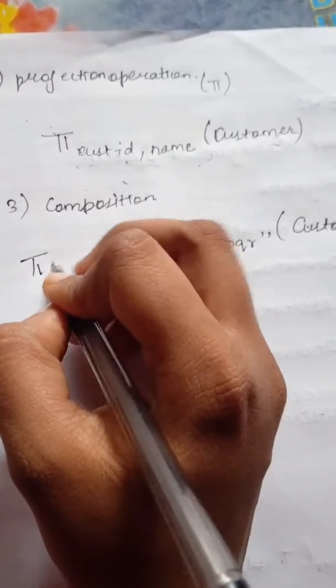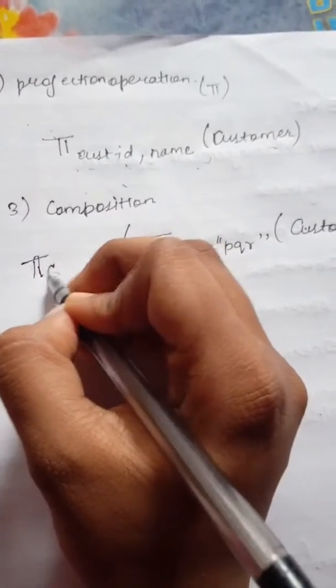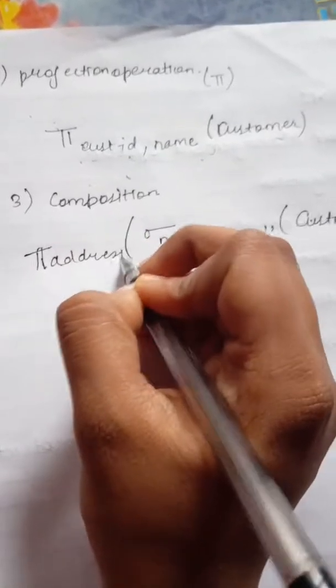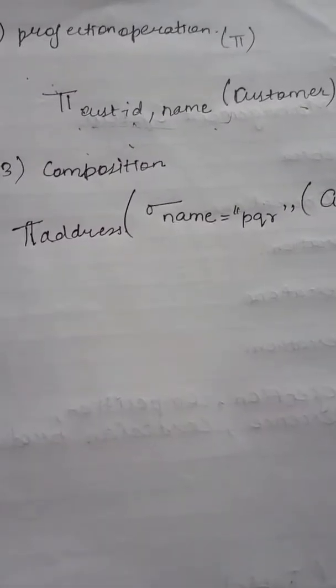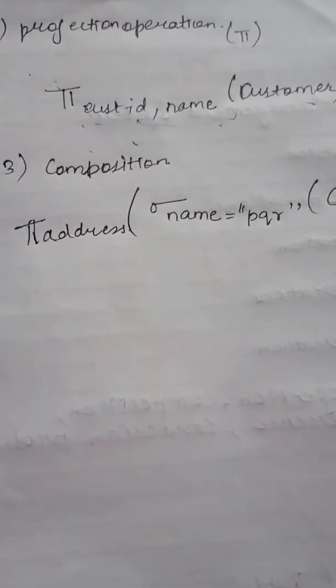So this can be done by putting pi here, with only the address. By writing this query, I will get the address of the customer named PQR from the customer table. Done. This is all about composition: the combination of the projection and the selection operation is known as the composition operation.